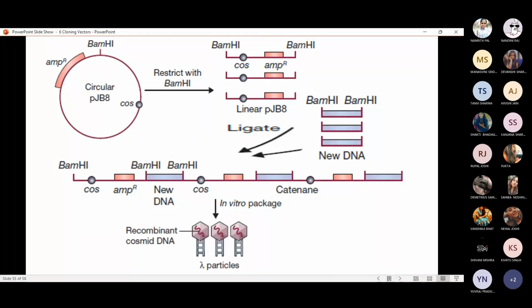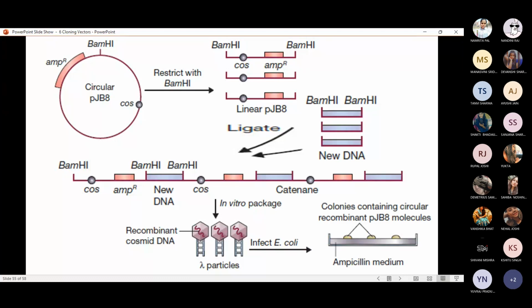But for packaging, you need to go in vitro, meaning isolate the DNA, treat it with the restriction enzyme and go for the packaging. Once it is packaged, you can go for further transfection. So the screening and so on is all going to be based on your plasmid-based vector, that is, the ampicillin resistance you are going to have in it.